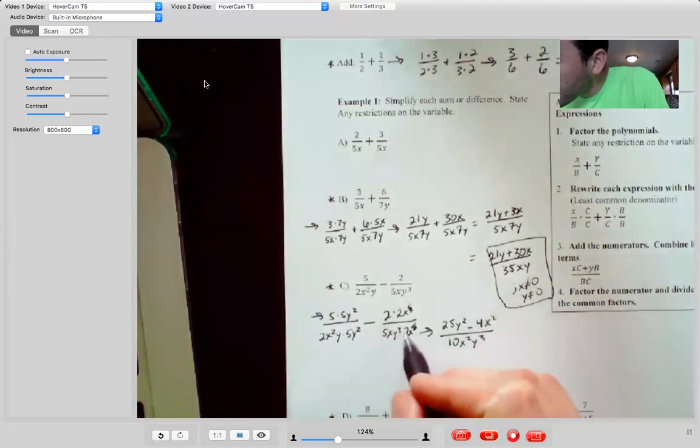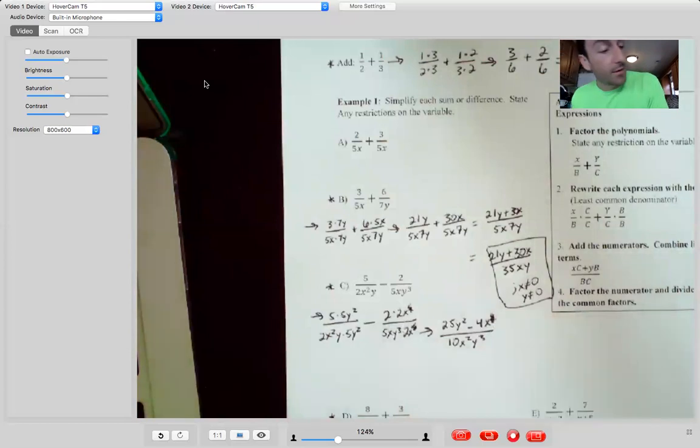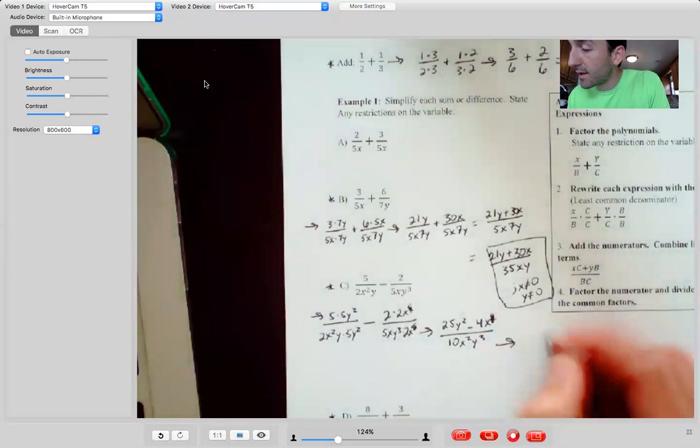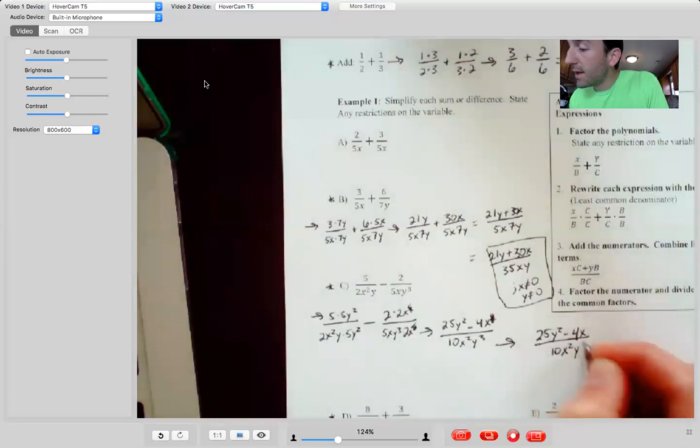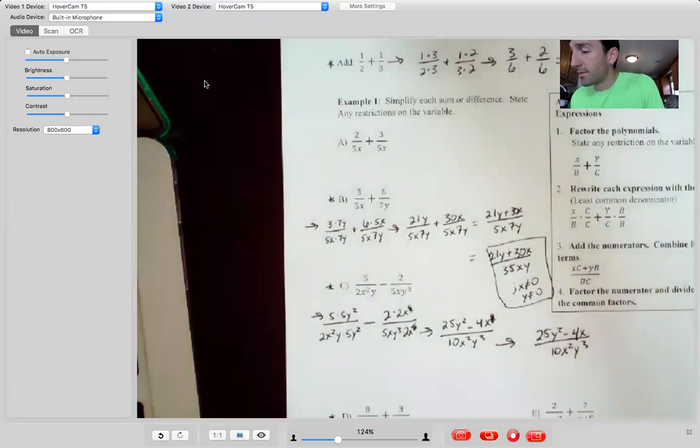Since we just multiplied by 2x on this side, then that's just going to give me 4x on top instead of 4x squared. So that was my mistake. Just to write that out one more time, we have 25y squared minus 4x over 10x squared y cubed. And then you don't want to do your exponent rules here because remember this 25y squared minus 4x is a single factor.